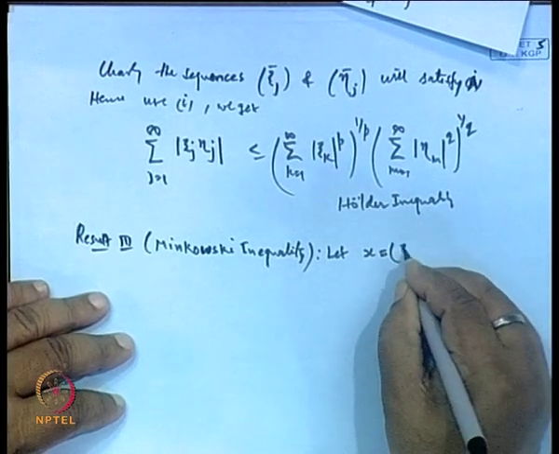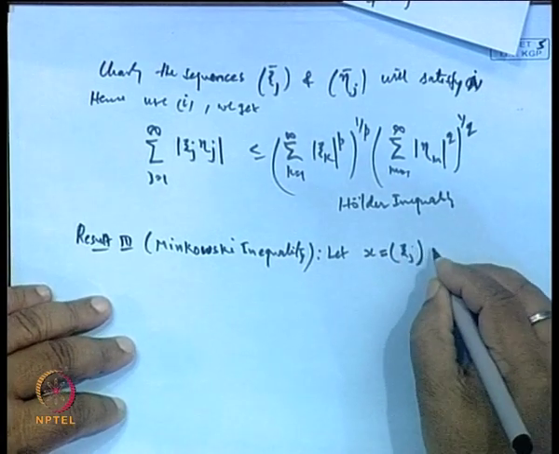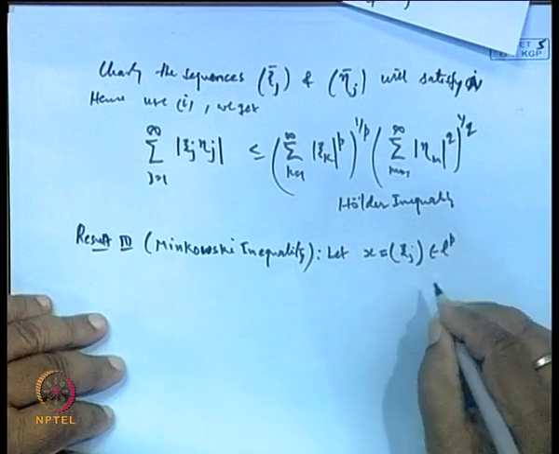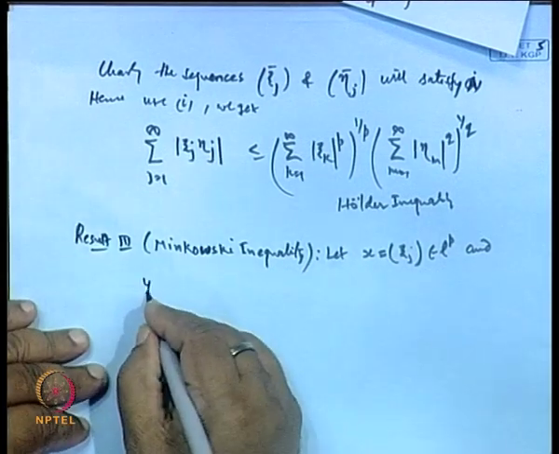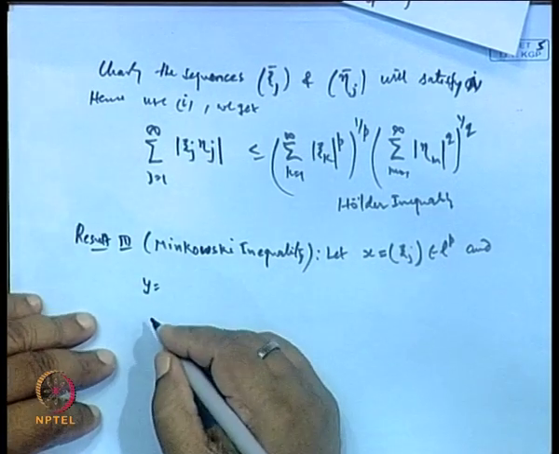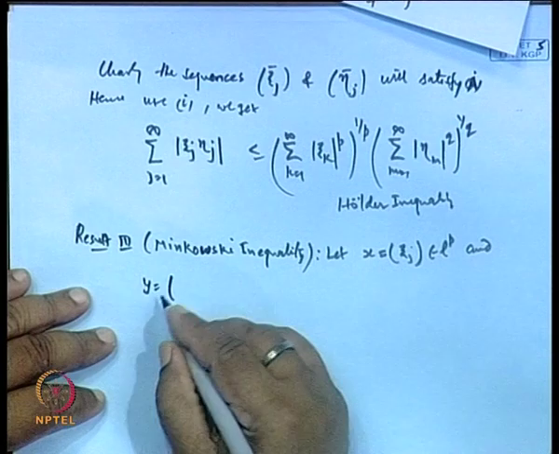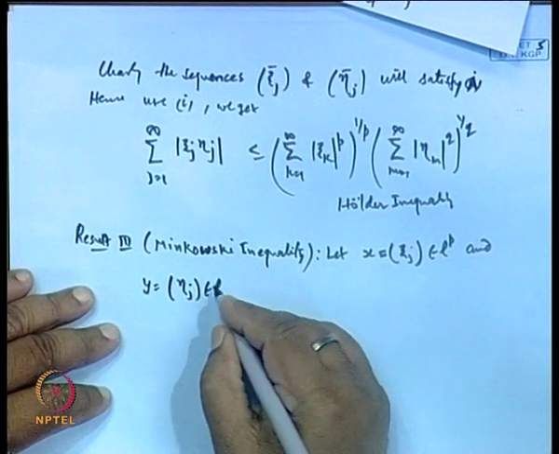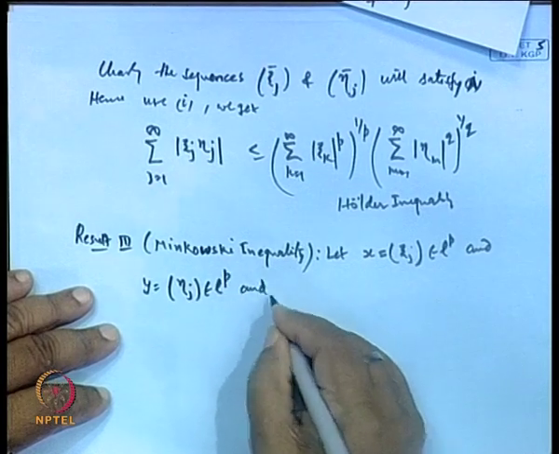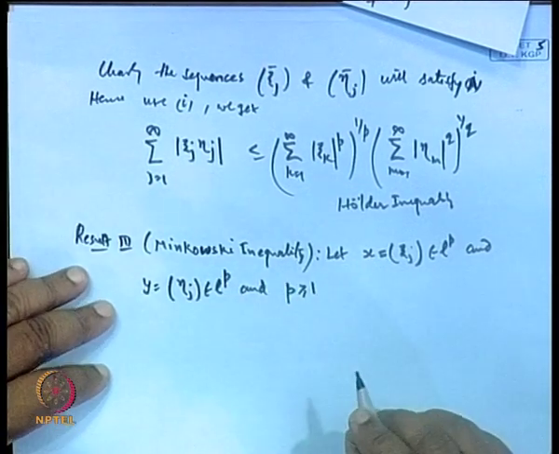and y, which is η_j, also in l^p, and p is greater than or equal to 1.